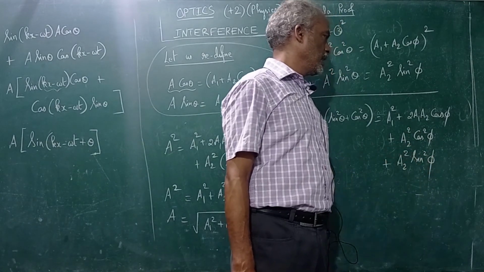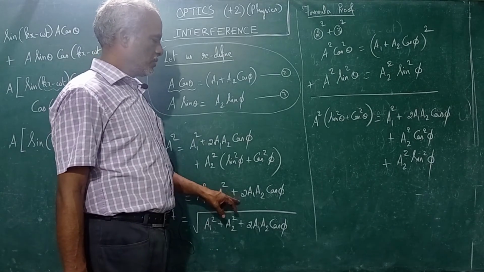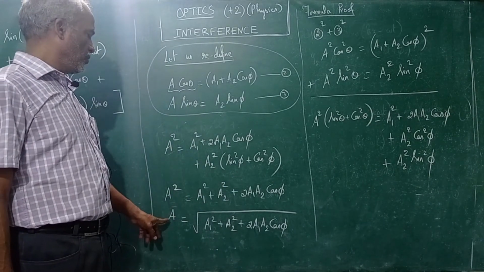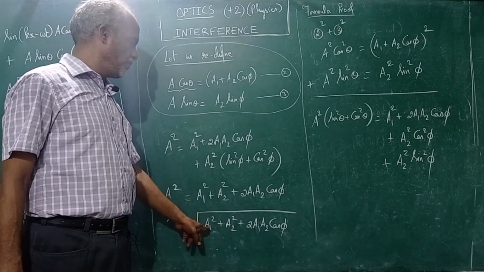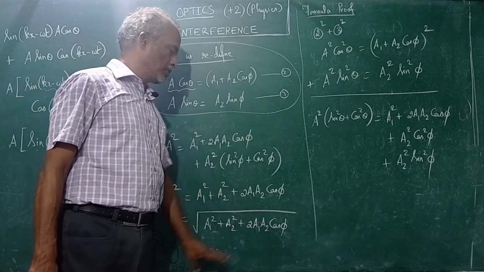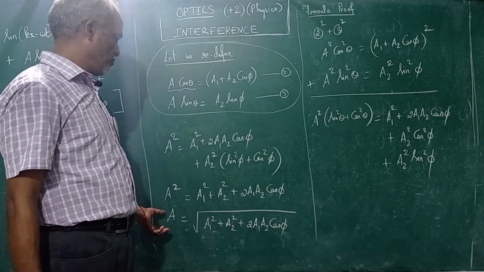Therefore we have only a2 square. So the right hand side will be a1 square plus a2 square plus 2a1 a2 cos phi. Now this is a square. Therefore a is equal to square root of a1 square plus a2 square plus 2a1 a2 cos phi. So this is the equation we want to prove, and we have proved it.